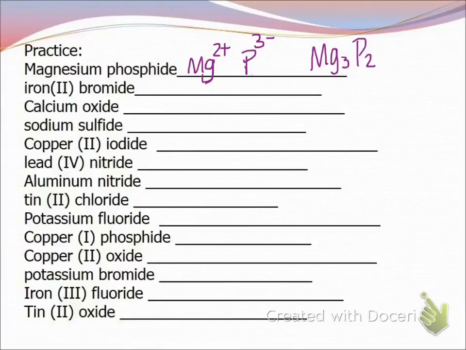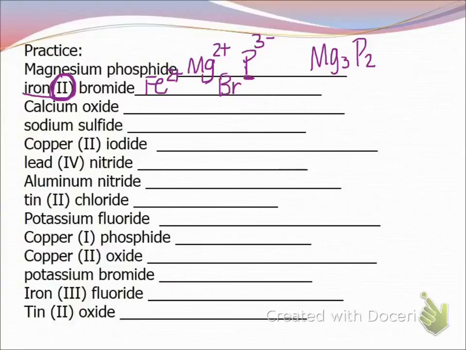Let's look at iron 2 bromide. So iron 2, this is not telling me that I have 2 iron, it's telling me that my iron is a +2 charge. Remember when you did the ion quizzes, you had to put the charge that had the Roman numeral. So iron is a +2, and then bromine is a group 17 halogen, so it's going to be a negative.